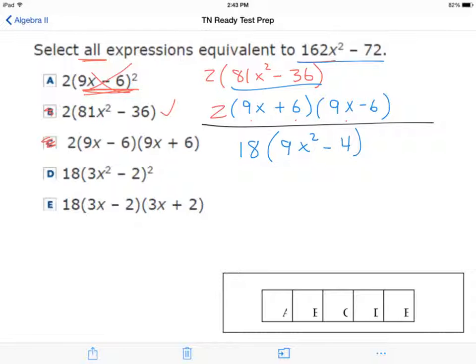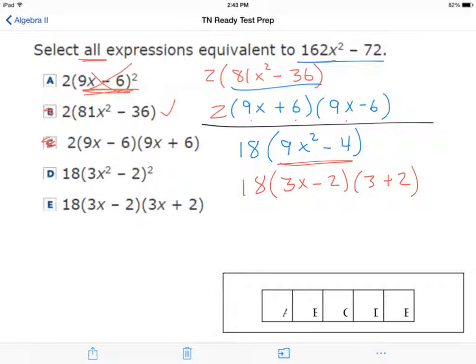Now I see that we again have a difference of squares here. So this would factor like 3x minus 2 and 3x plus 2. And of course we still have that common factor of 18.